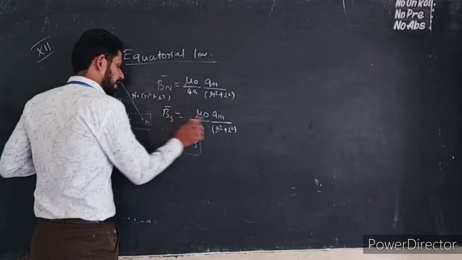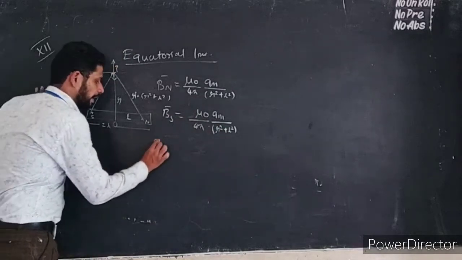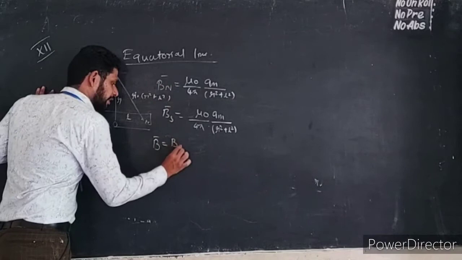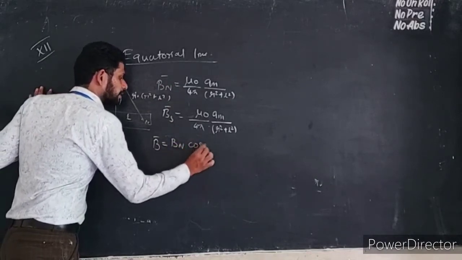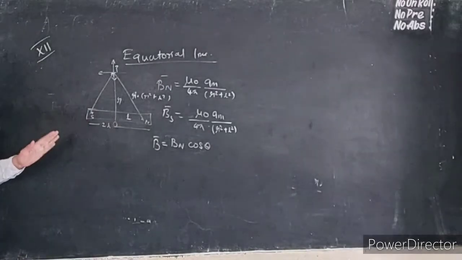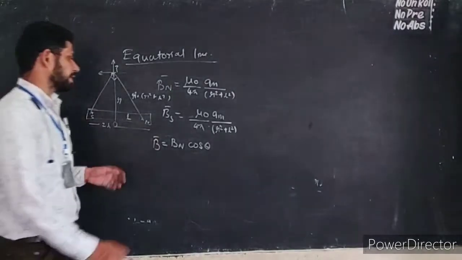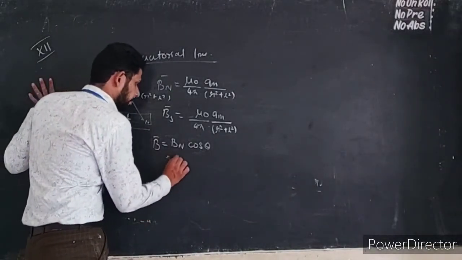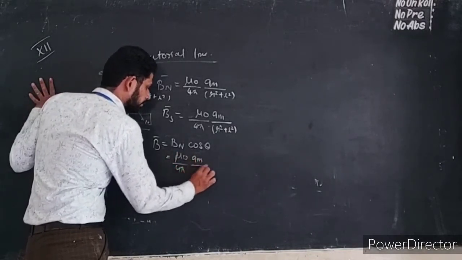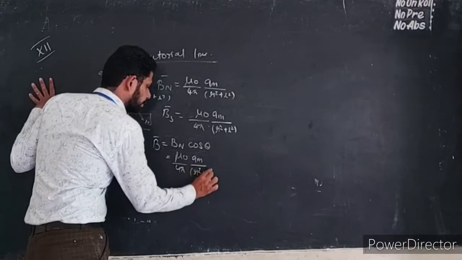The total magnetic field will be Bn cos theta. Cos theta is nothing but adjacent by hypotenuse. Here we get mu naught by 4 pi qm over R square plus L square.